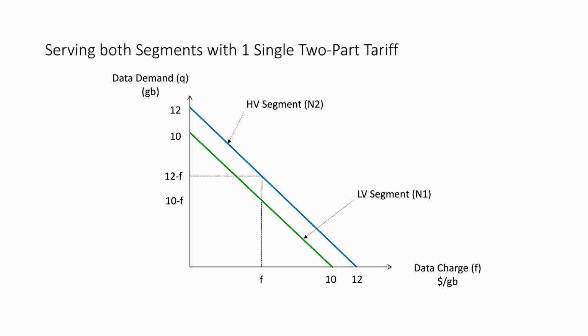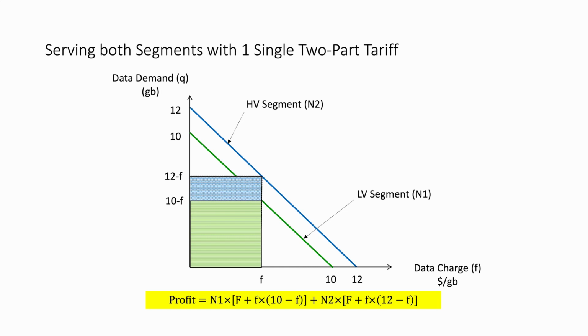With a single two-part tariff, if we charge a small f for data usage, then the low value segment would have a demand of 10 minus f, and the high value segment would have a demand of 12 minus f. And the profit from the two segments based on the single two-part tariff is equal to N1, the size of the low value segment, times this part, which is the revenue from each one of the customers.